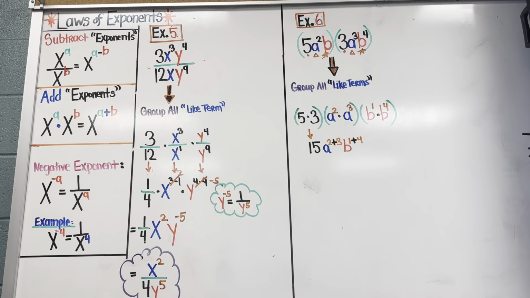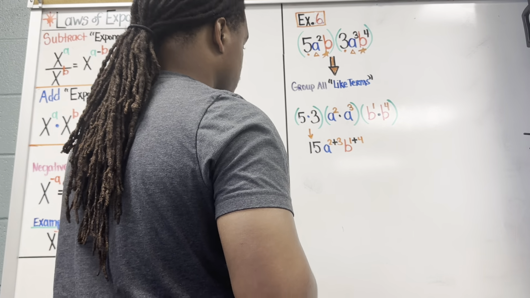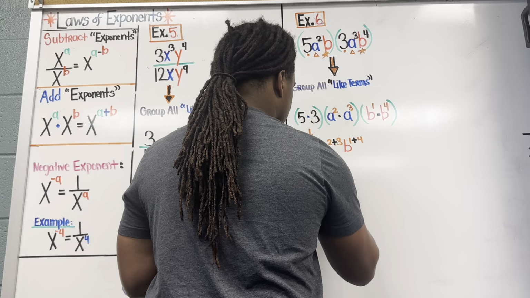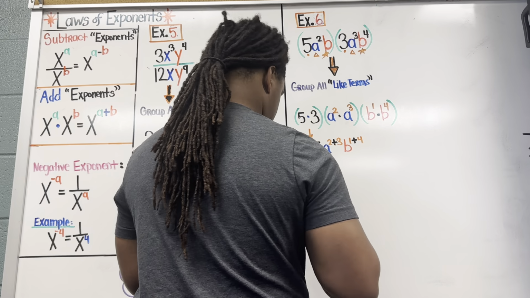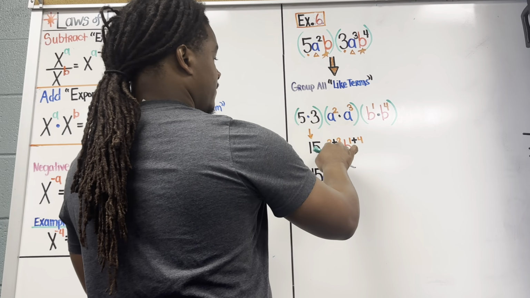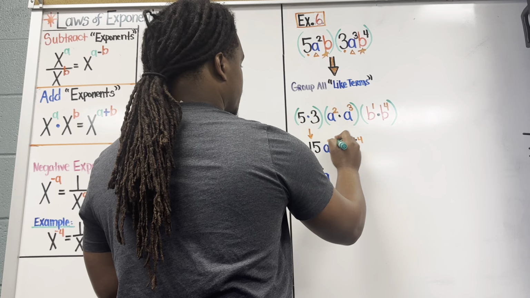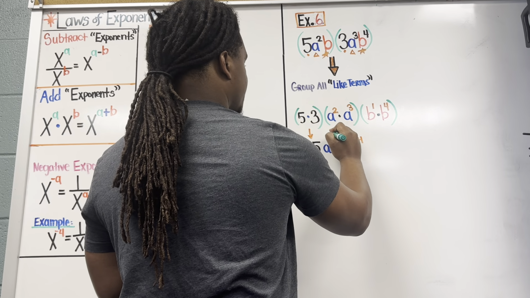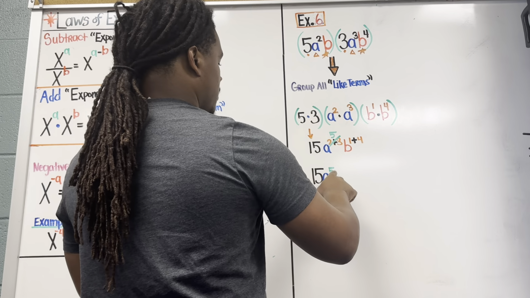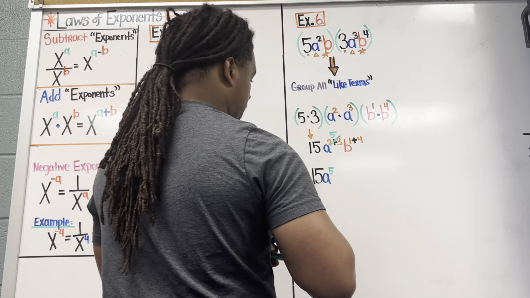Now the last thing that we need to do is just add the exponents. So now I have 15a. The exponent of 2 plus the exponent of 3 equals the exponent of 5. So that's a to the fifth power.